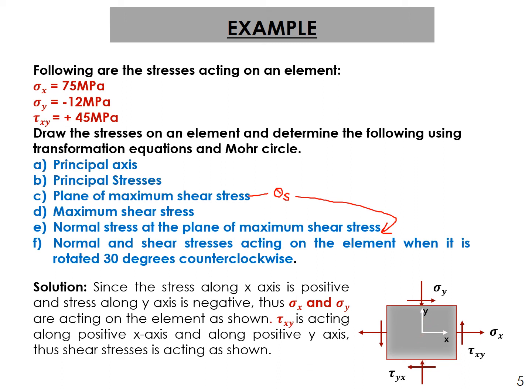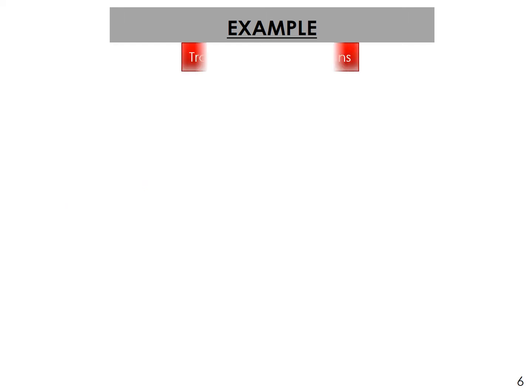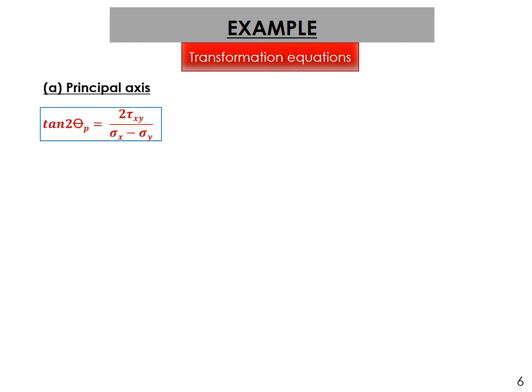Now let's start with the exact problem. Let's find the principal axis. Mind it, we will be using all those transformation equations. So this is the formula. Put in the values of sigma x, sigma y, and tau xy since they are given to us. Once you substitute all the values, just check that sigma y is negative, so you have to use that minus value.